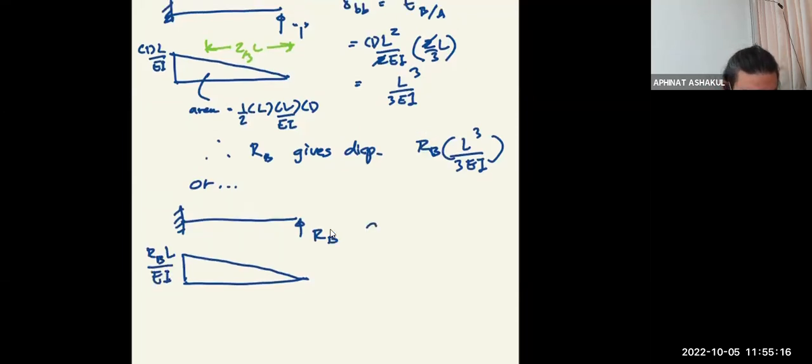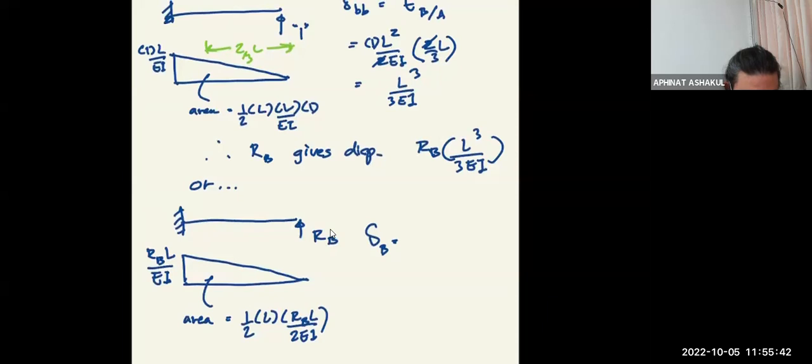And delta B is going to be this area. The area this time is a half of the base length, that is L, and then RBL over 2EI, so RBL square over 2EI, multiplied by the same moment arm, a third of the length. It turns out to be the same thing, RBL cube over 3EI.